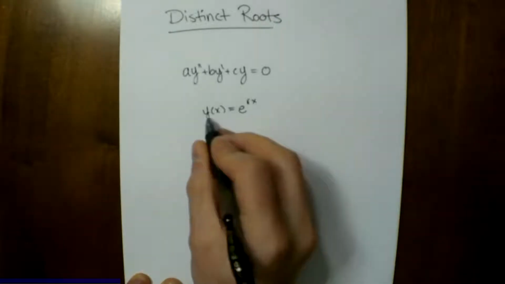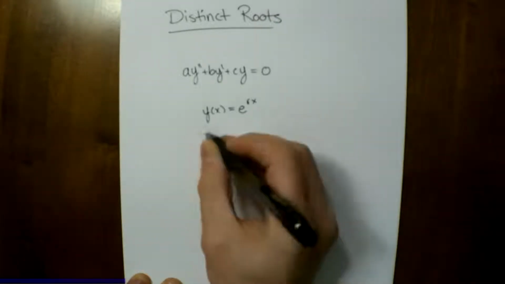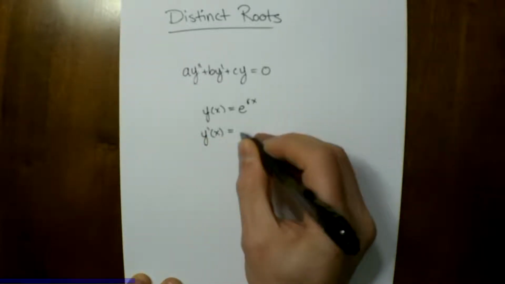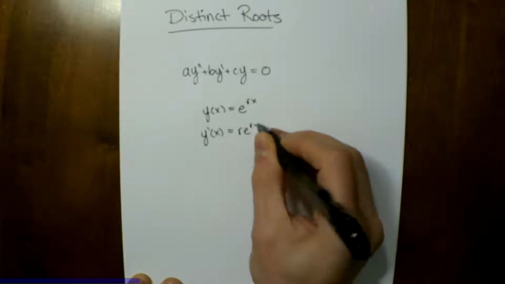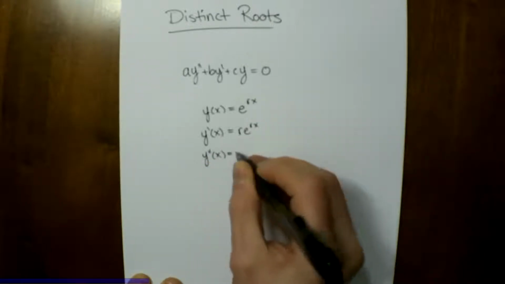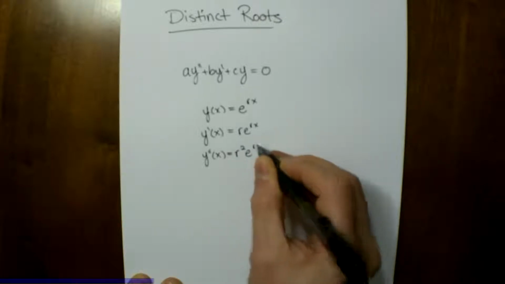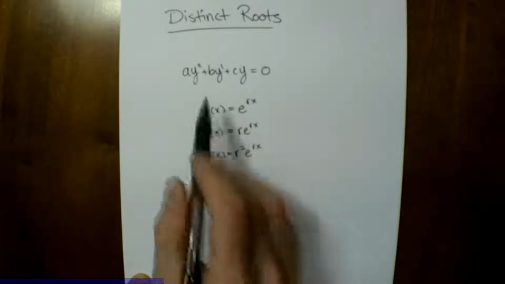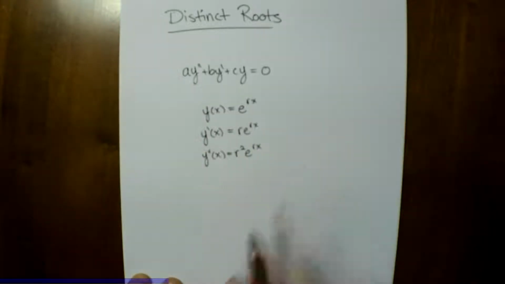So if y(x) is e^(rx), that means that y'(x) will be given as re^(rx). And the second derivative, of course, will be r^2 e^(rx). Let's go ahead and substitute these into our differential equation.